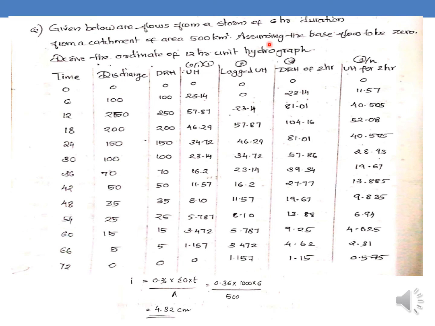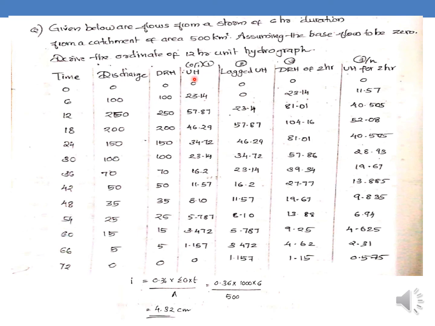And this unit hydrograph should be lagged by again, what is the n value? N value is 2. So after 0 to 6 hours you need to assume a rainfall. This unit hydrograph should start from this column, lagged by 6 hours.